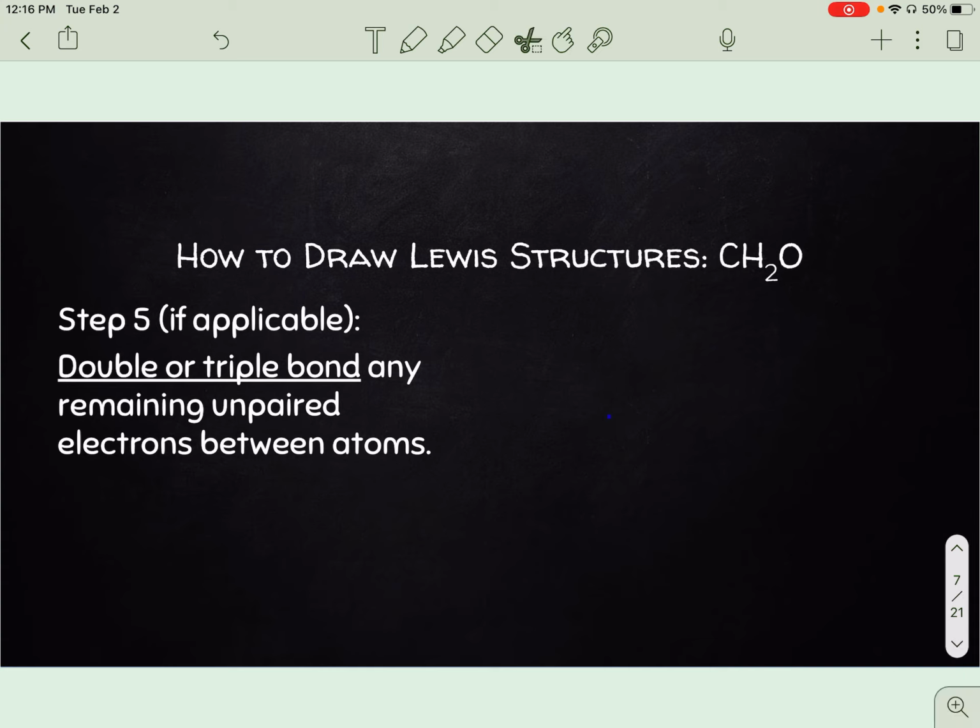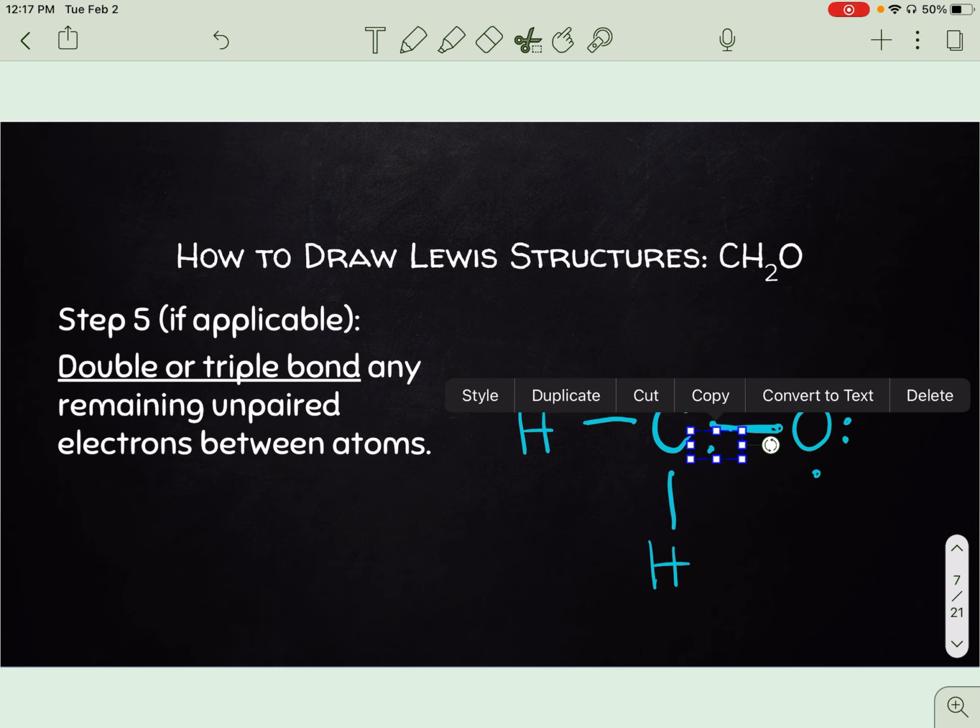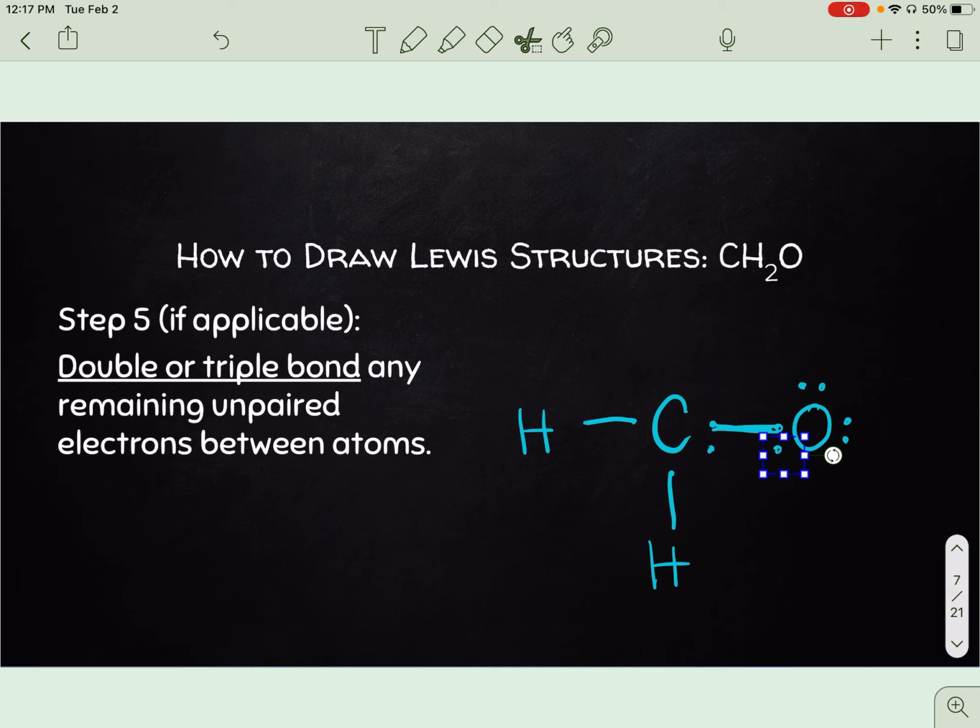So now I've got this situation going on. I have a lonely electron here, and in this other element that's connected to it, I also have a lonely electron. So what I can do is pair these guys up. This electron can move over there. Remember, Lewis structures are just a model, so you can move the electrons around like that.